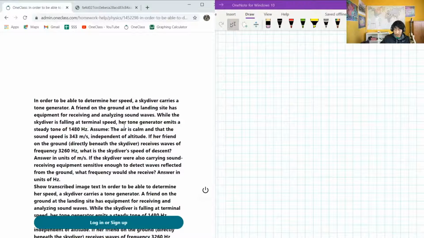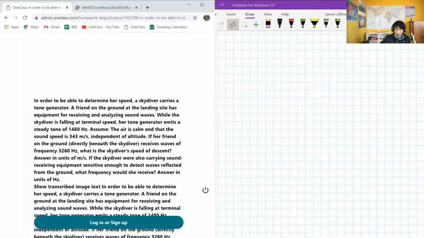Her tone generator has a steady tone of 1480 hertz, and the speed of sound is going to be constant, and it's 343 meters per second. And it's also the same at all altitudes. That's not the case in real life, but that is an assumption that we need to maintain for this question.